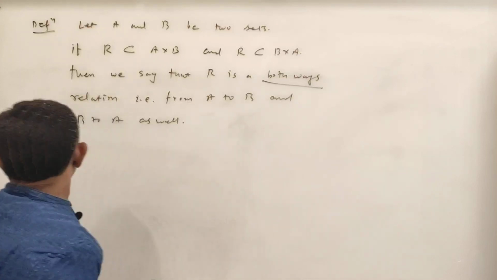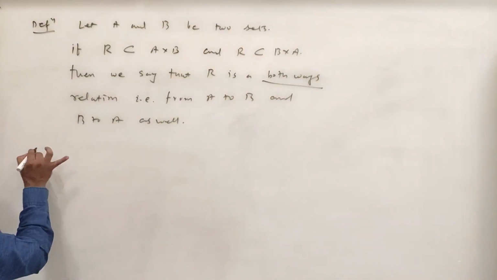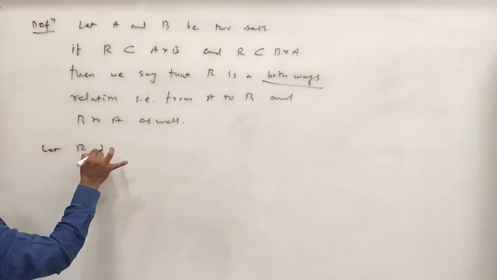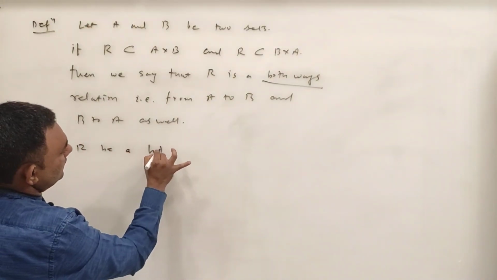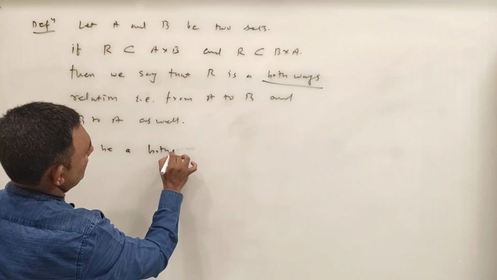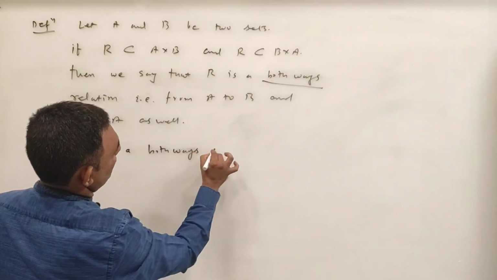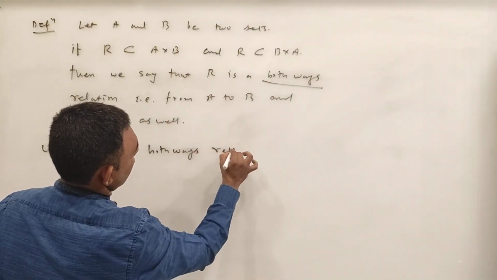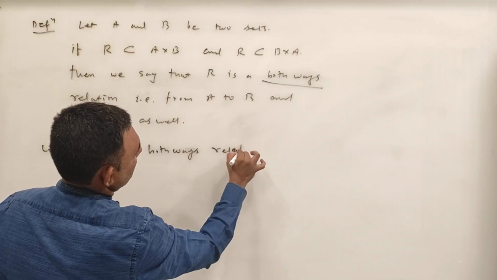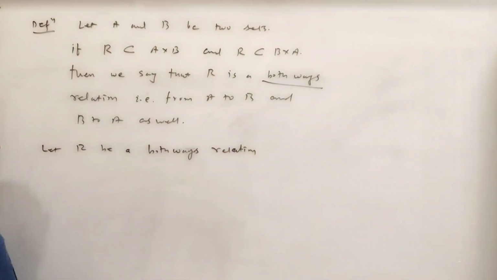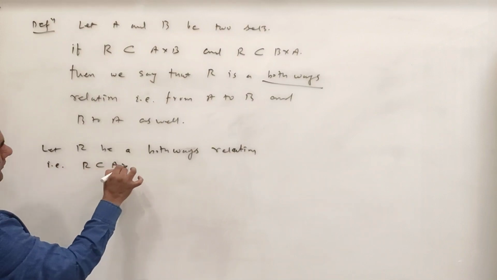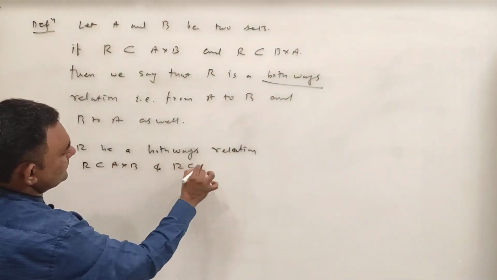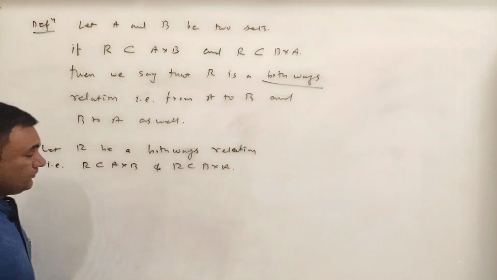So let me discuss here. So let R be a both ways relation. That is, R is a subset of A cross B and R is a subset of B cross A also.